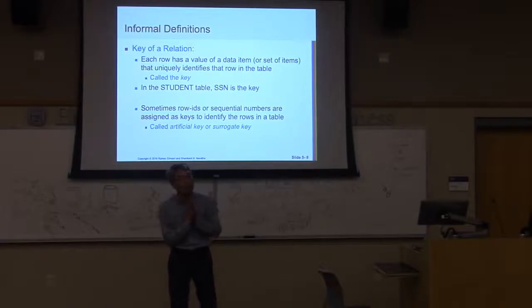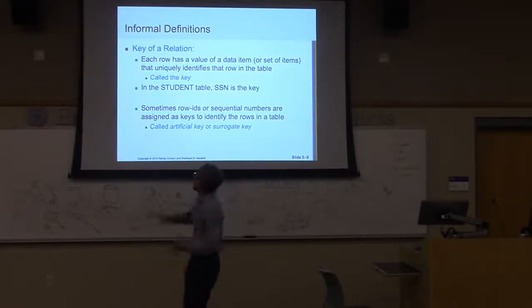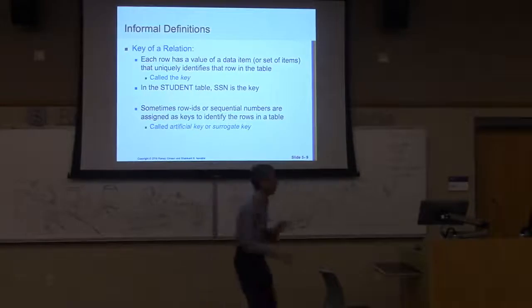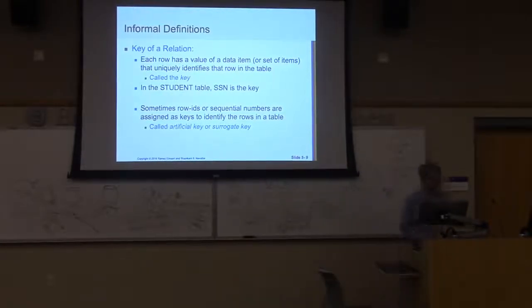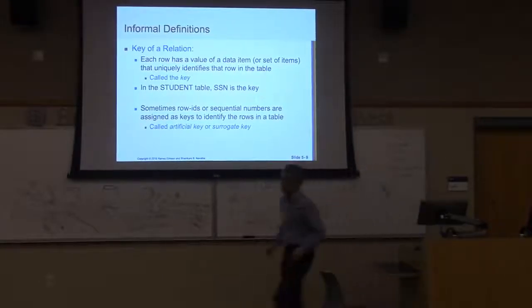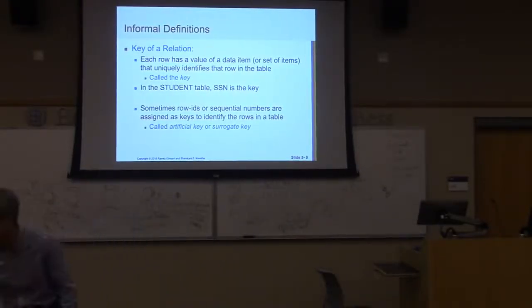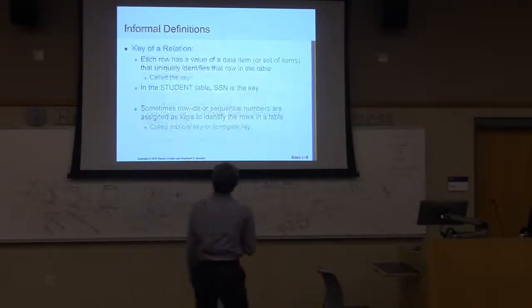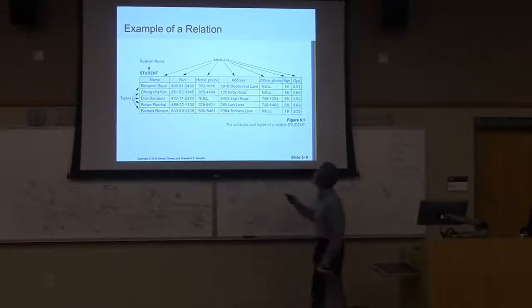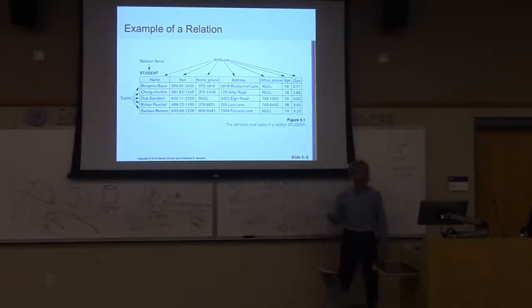A key is unique and can uniquely identify the specific data. For example, in this case, the key can be social security number. In this case, the key can be student ID.